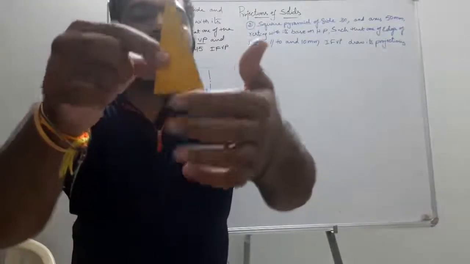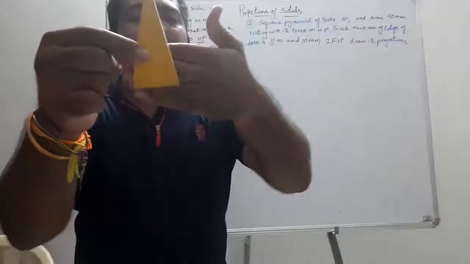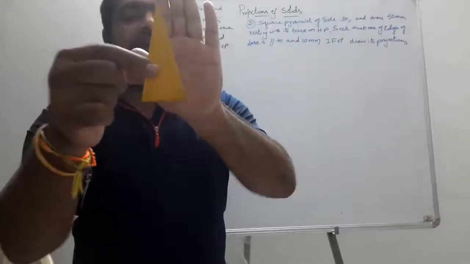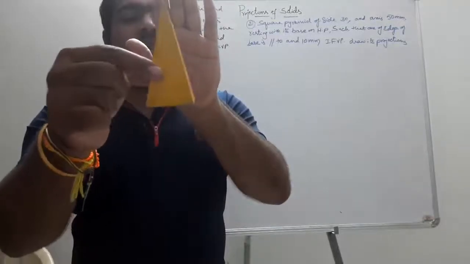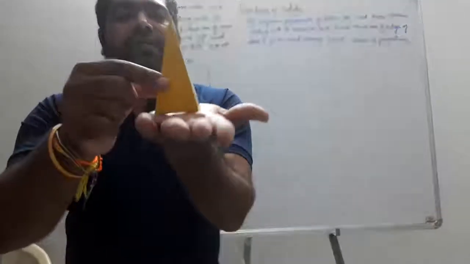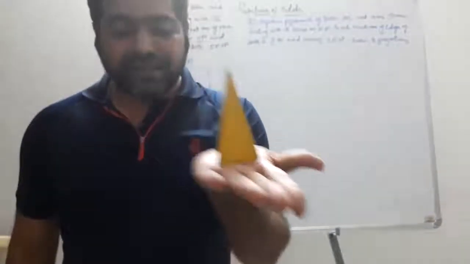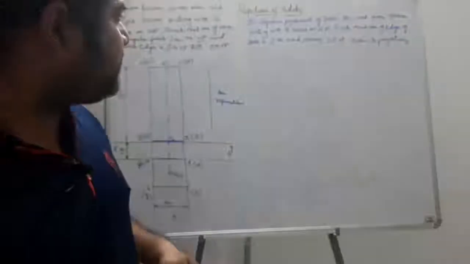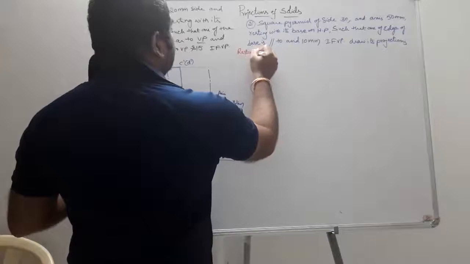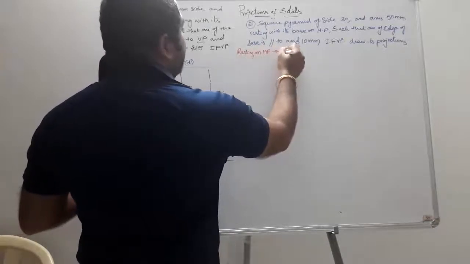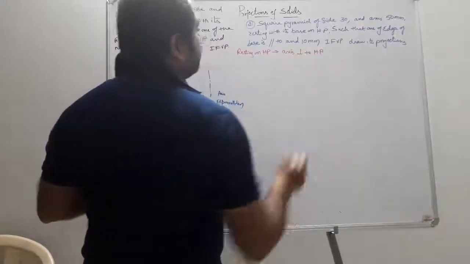I just consider the opposite edge of this, that is in this direction. It is this edge that is 10 mm in front of VP, and it is resting on HP. From VP, it is 10 mm in front. Okay, so resting on HP means the axis is perpendicular to HP.